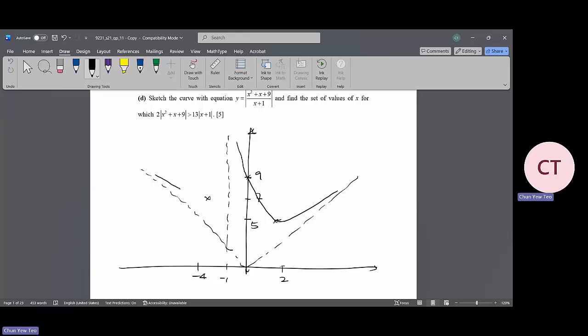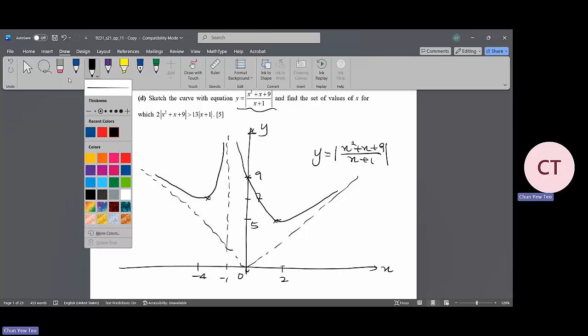Then this will be like this. Okay. So this will be the graph of y equal to the modulus of x squared plus x plus 9 over the x plus 1. This is the x, this is the 0, this is the y. So this will be the graph for what they require you to state, to sketch.